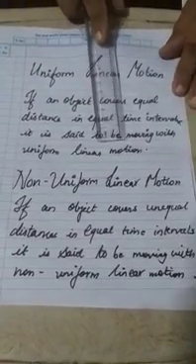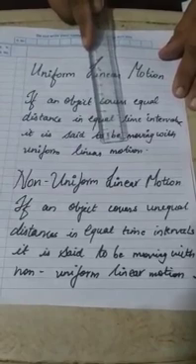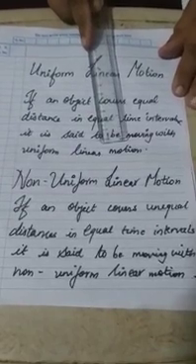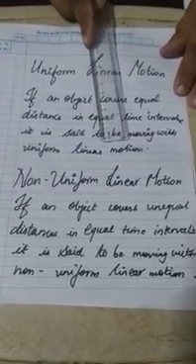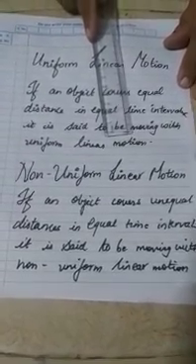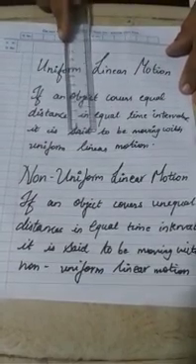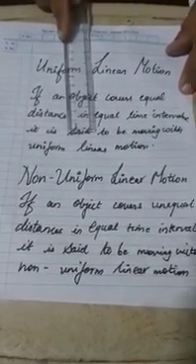Say for example, a car is moving forward at the speed of 40 km per hour towards the north direction. Then we can say that the car is having uniform linear motion.